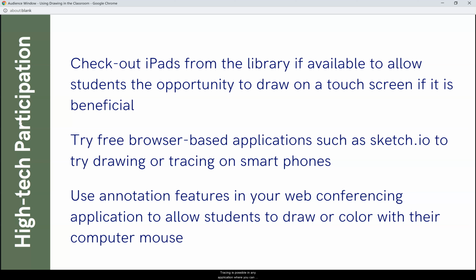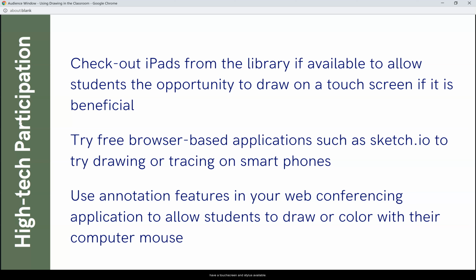Tracing is possible in any application where you can layer images or use transparency. And it's pretty easy if you have a touch screen and stylus available. This includes PowerPoint and Keynote, and then tools such as Procreate on iPad or Mac device.